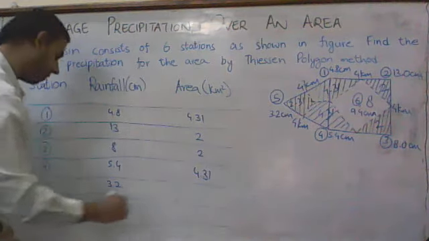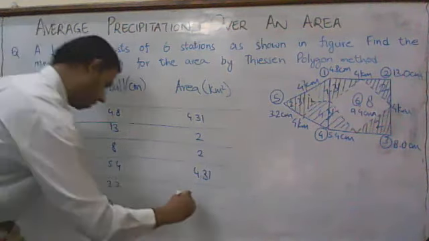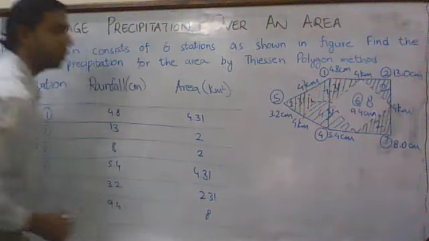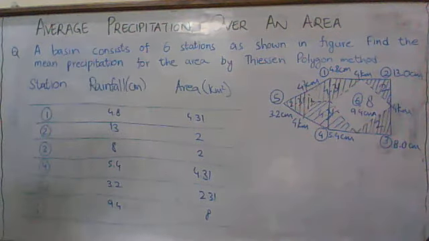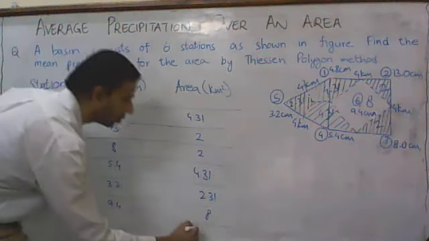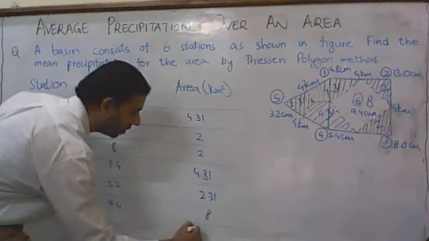For station 5, it was 2.31. And for station 6, it came out to 8 square kilometer. If we add up all the area values, we get 22.93 square kilometer.